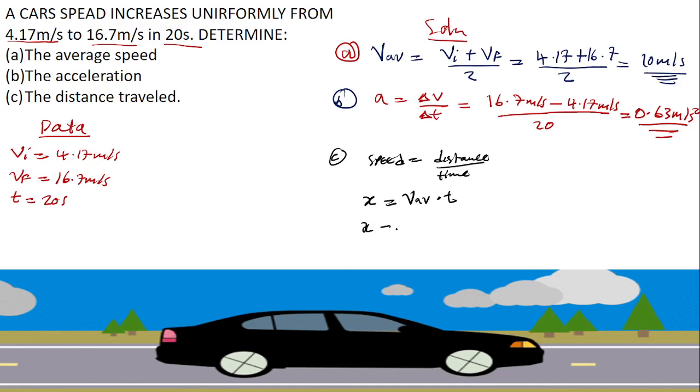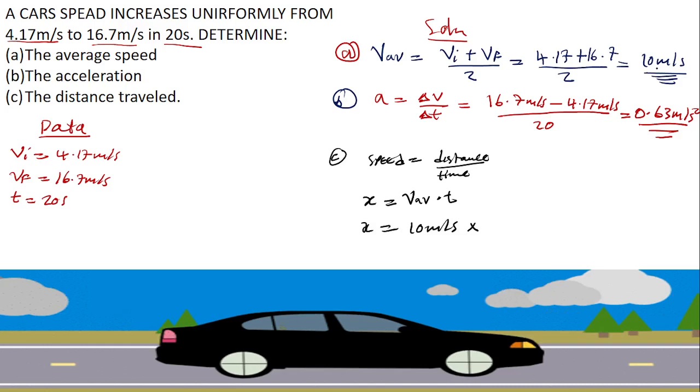The average velocity here is a value which we had to round off. So this will give you 10 times 20, which gives you 200 meters. This is the answer you find if you go direct and plug in the rounded value.